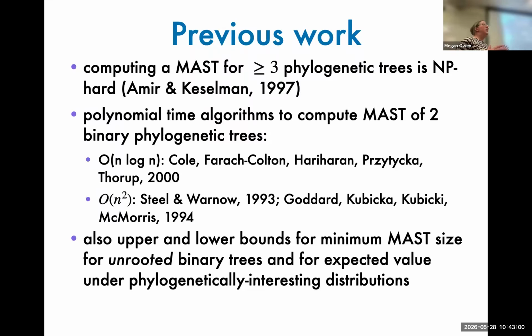You can think of phylogenetically interesting distributions on the trees, and move into probabilistic graph theory: if you have 2 trees drawn from this distribution, what would you expect for the maximum agreement subtree size? You can look at unrooted trees. There are all sorts of variants.